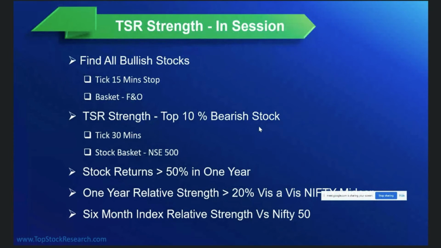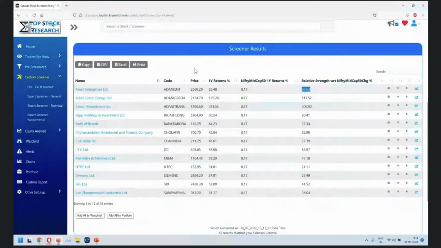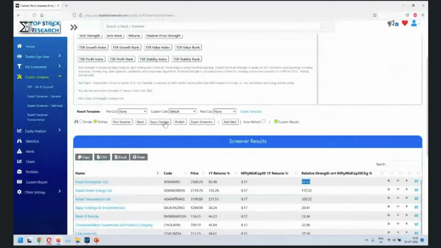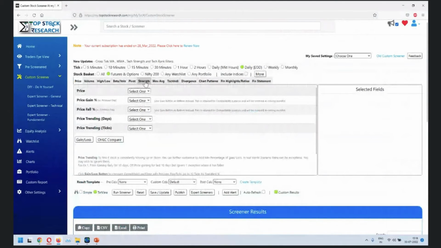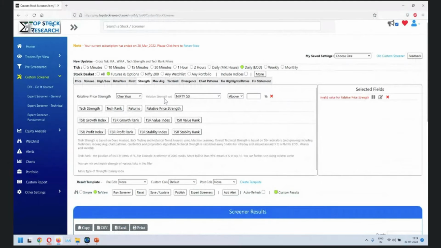6 months index relative to this. Now, what we are comparing here is a different thing. So far, we have been comparing stocks with an index. Now, here is where we are comparing an index with another index, using relative strength. So go back here, go into strength, relative strength.